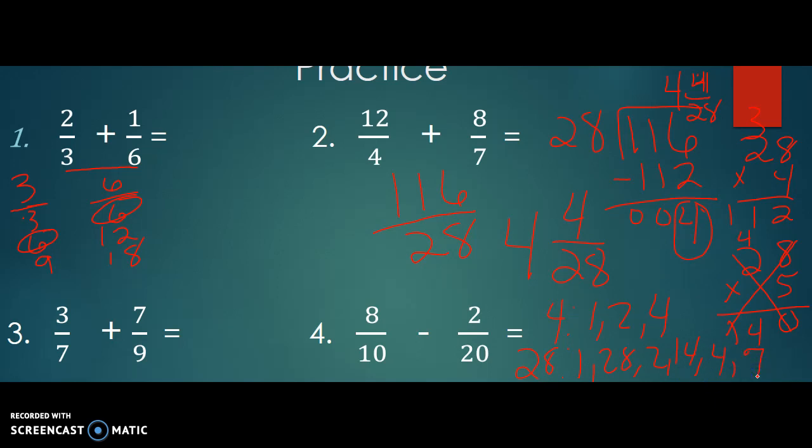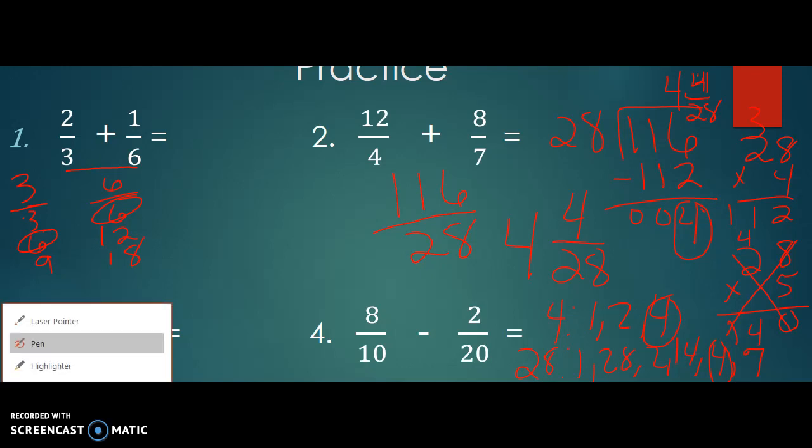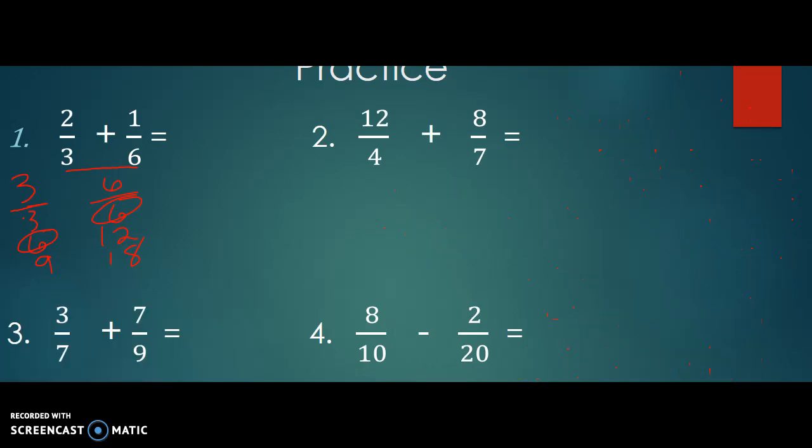So the greatest thing that they have in common is the number 4. So we're going to divide top and bottom by 4. Let's clear this off so you can see. So divide my top by 4, divide my bottom by 4. 4 divided by 4 is 1. 28 divided by 4 is 7. And don't forget about your whole number, 4 and 1/7 for number 2. Okay?